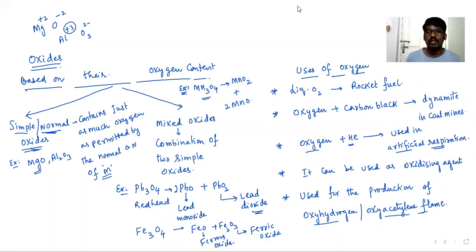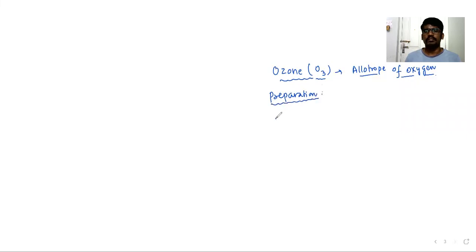Okay, please copy it. Chapter, that is ozone. Formula O3. You can say it is an allotrope of oxygen. Let's see the preparation method first. How do you prepare ozone?